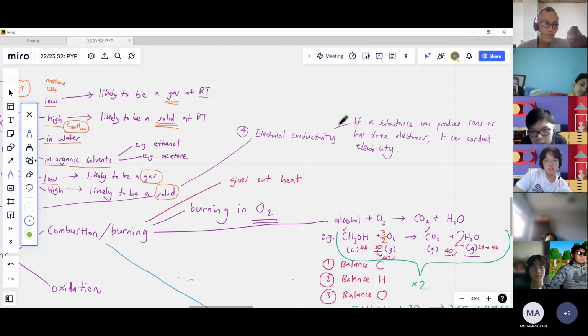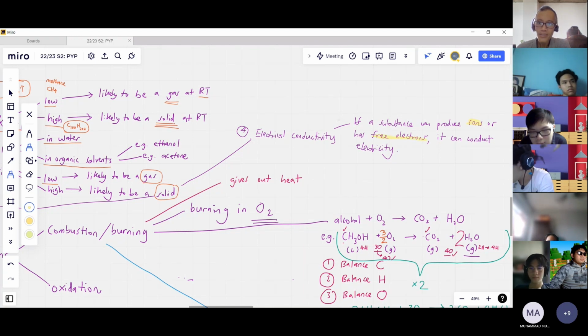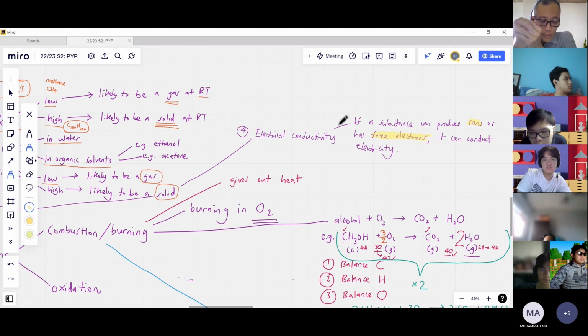Okay, so hopefully you notice the keywords: ions, free electrons. All right, these are the charged particles which allow electricity to be conducted. Okay, so electrical conductivity is our fourth physical property. So guys, I'll repeat.